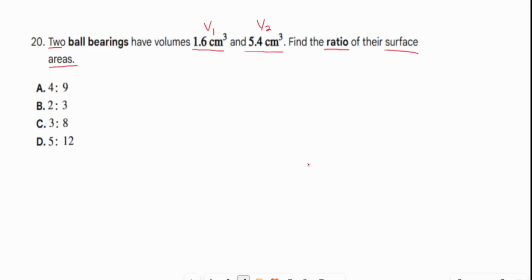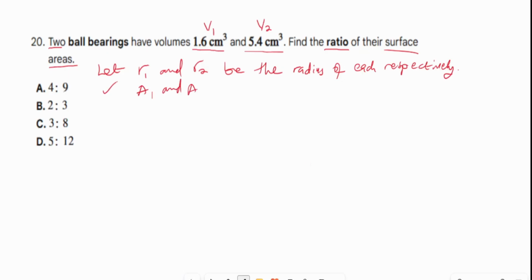So let's define both of them. We will let R1 and R2 be the radius of each of them respectively, and then A1 and A2 be their surface areas.